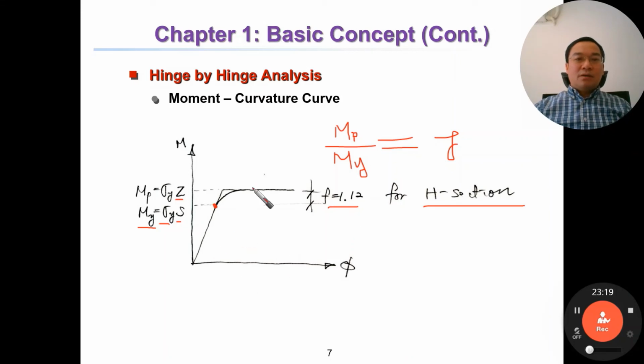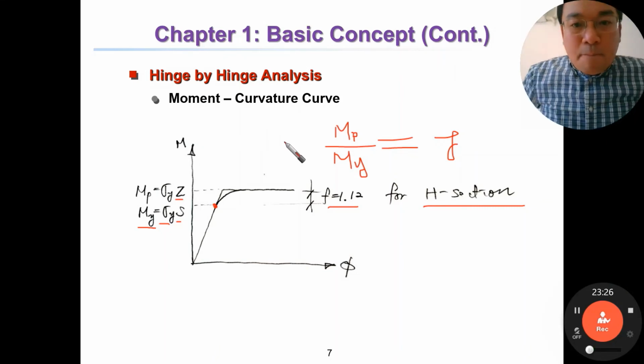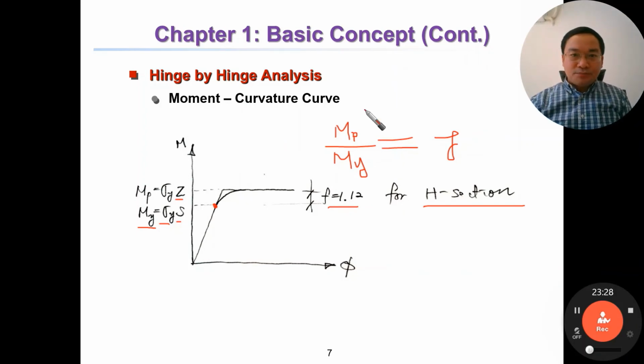This curve was already introduced in the previous week, right? And you understand the shape factor. And this actual curve is due to the residual stress in the section, and some other factors.